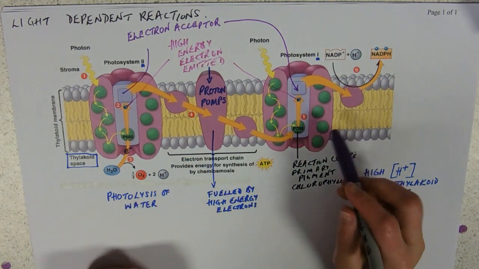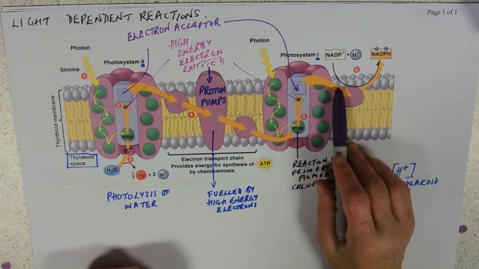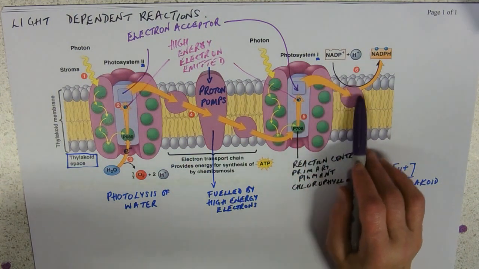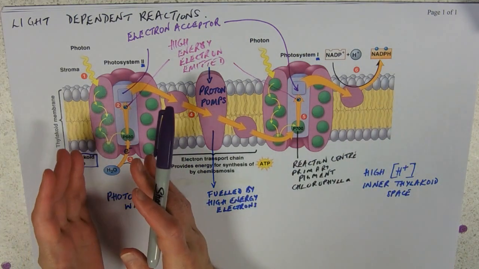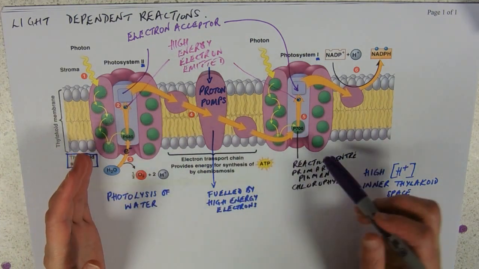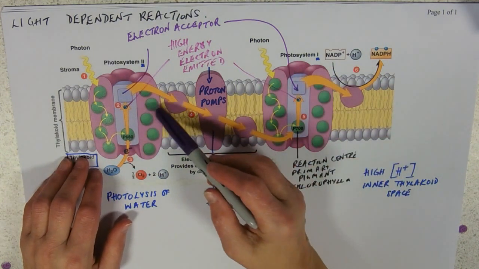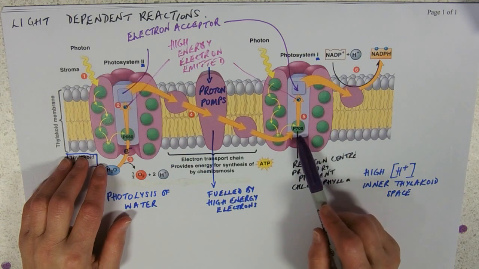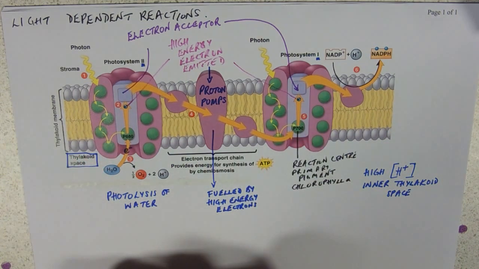Once again, Photosystem I is losing an electron to a primary electron acceptor, which is then going on to a smaller mobile carrier. No photolysis needed here, because although this is losing an electron with the light energy, it's gained one from Photosystem II, so happy photosystem.